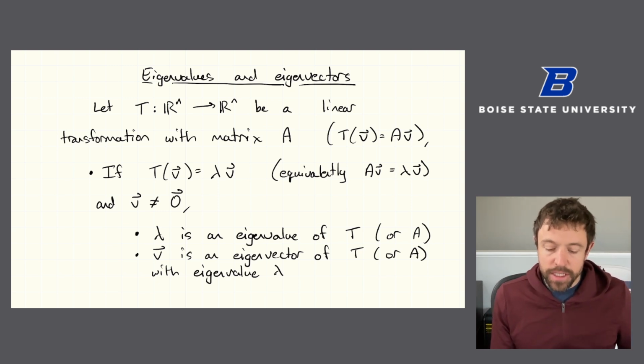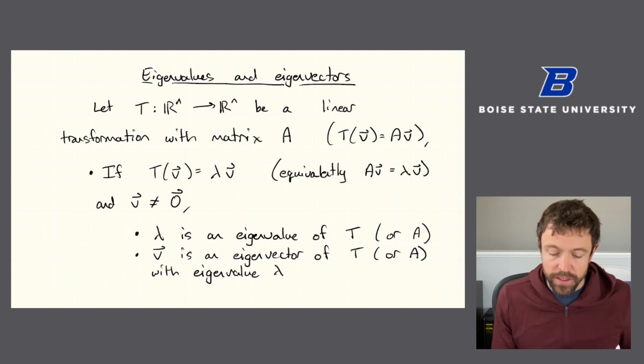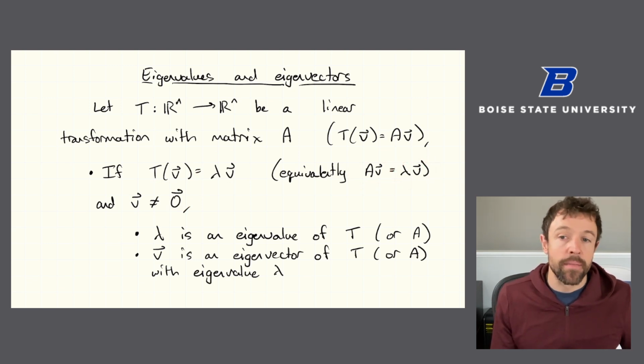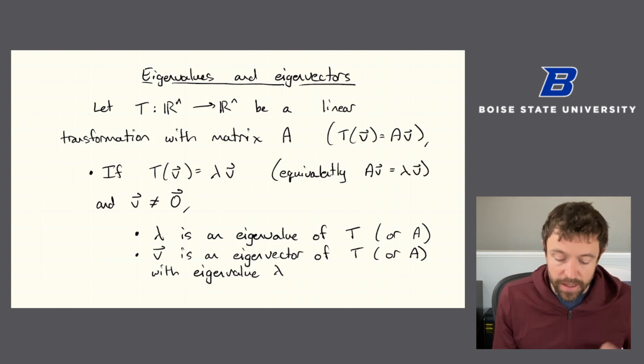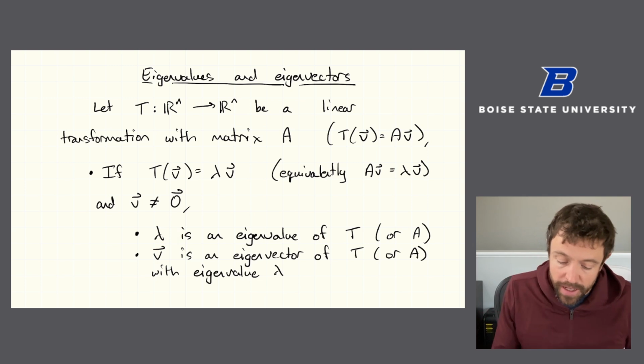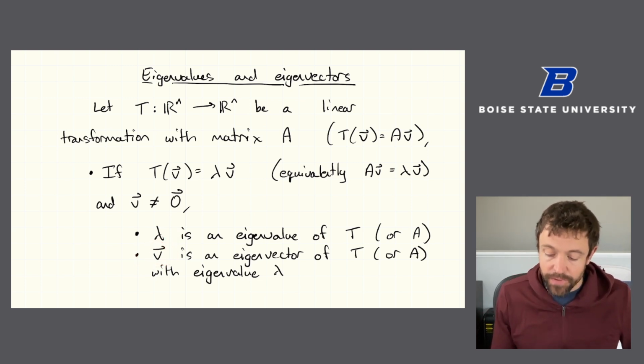So the situation is that we have a linear transformation that sends a non-zero vector to a multiple of itself. Equivalently, we multiply a matrix times a vector and we get a multiple of that vector. In that situation, we say that lambda, some real number, is an eigenvalue of the transformation, and that v is an eigenvector of the transformation with eigenvalue lambda.